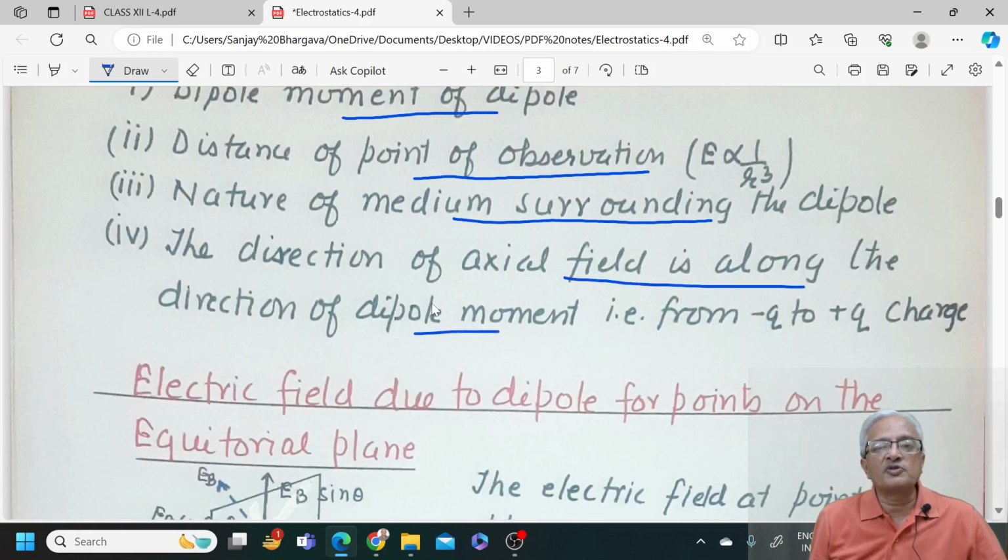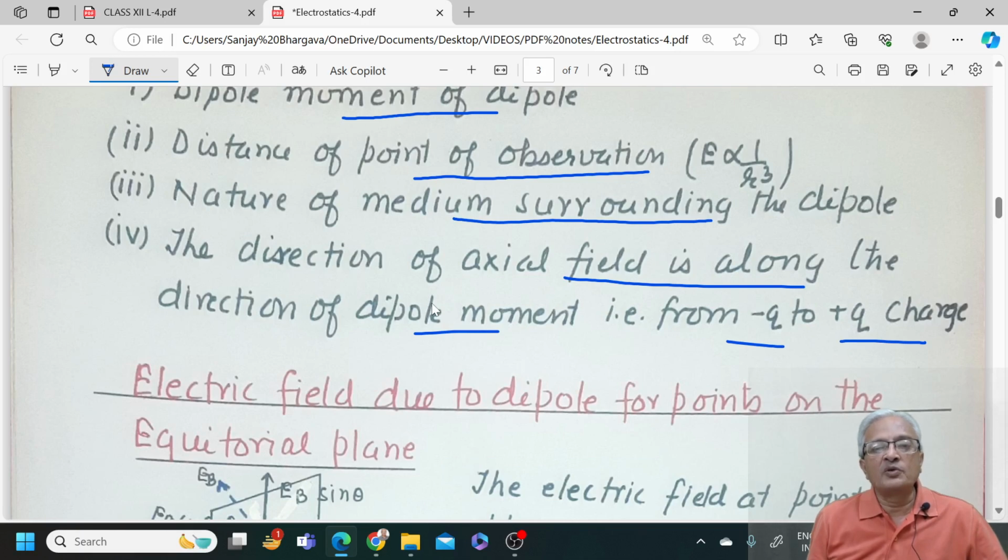Dipole moment is always from the negative charge to the positive charge, so the direction of the axial field is also from the negative charge to the positive charge. I hope there is no difficulty in calculating the electric field at an axial point.